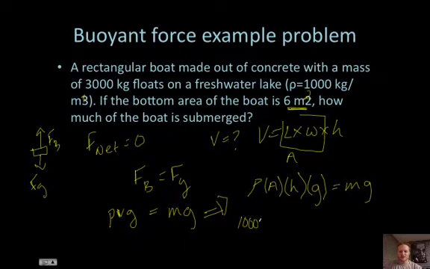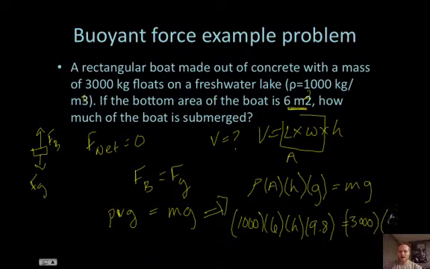The density is 1,000, and I'm going to again skip units just because I'm going to run out of space. 1,000 times the area, which is 6 meters squared, times the height, which we don't know, times gravity, which is 9.8, equals a mass of 3,000 kilograms times the gravity, which is 9.8.